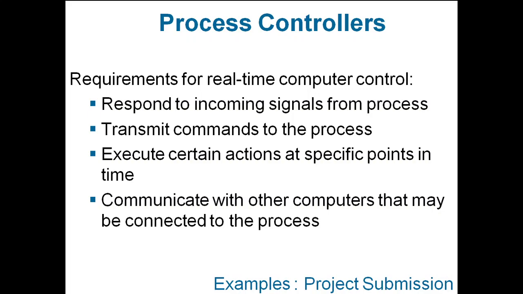So if you set up a particular temperature, for example 100 degrees centigrade, and if somehow in the manufacturing process the temperature rises above 100 degrees centigrade, then these controllers send a signal to the master computer that at a particular point of this manufacturing system, the temperature is going beyond the limit.